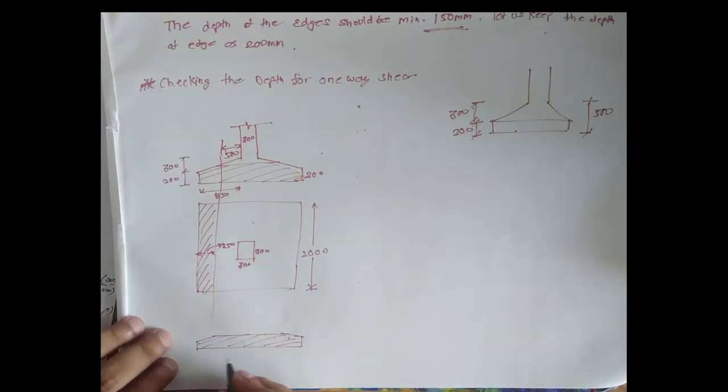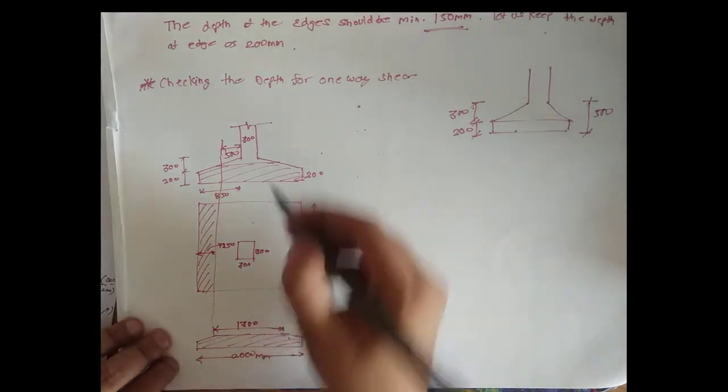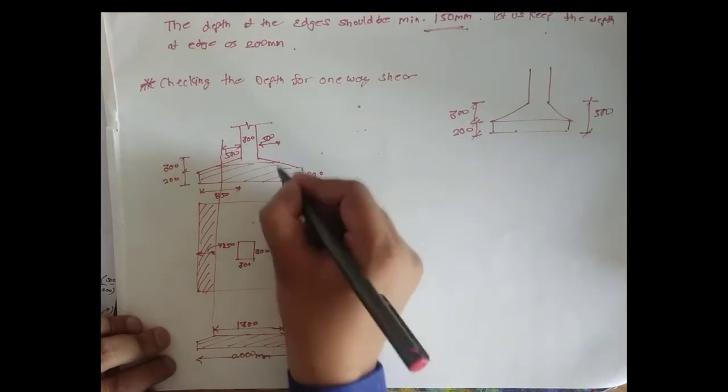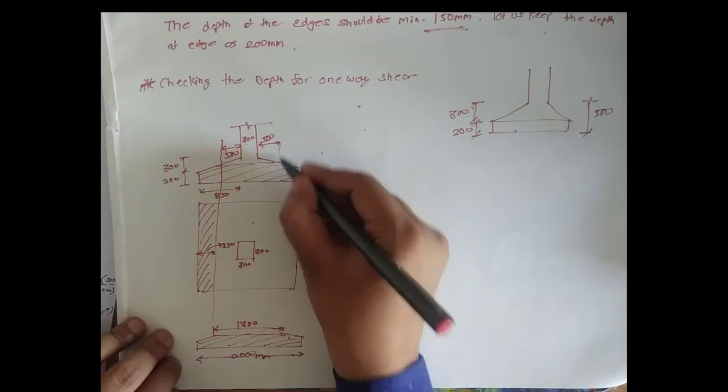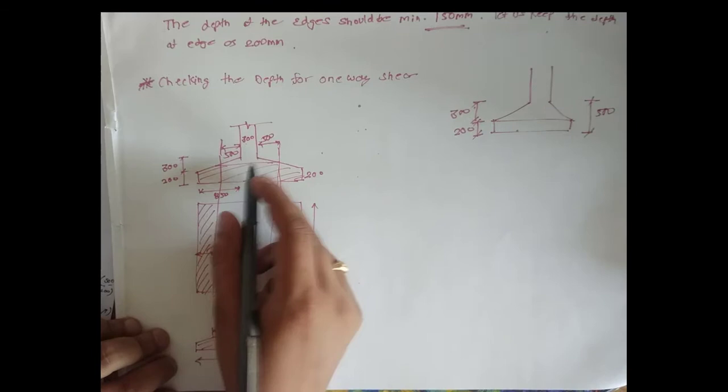Now it is 2000 mm and it will be 1300. How? 300 plus 500 plus 500. You can see here the line should be here, 300 plus 500 plus 500.